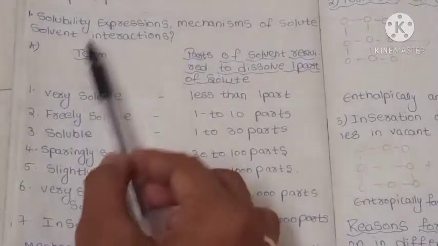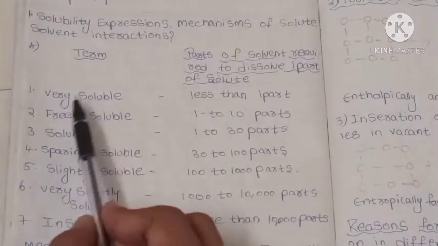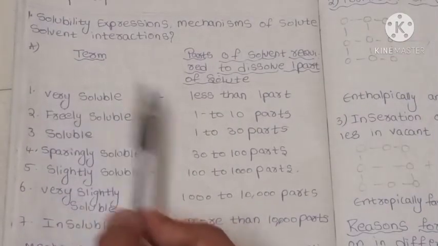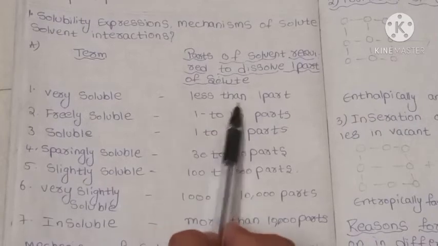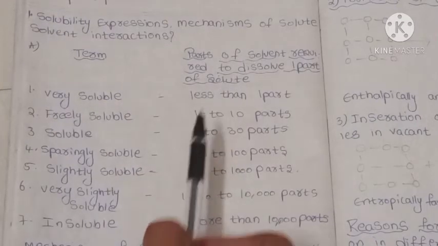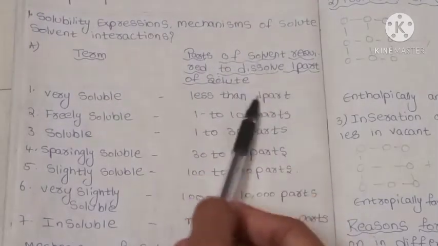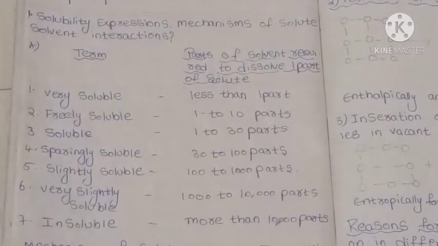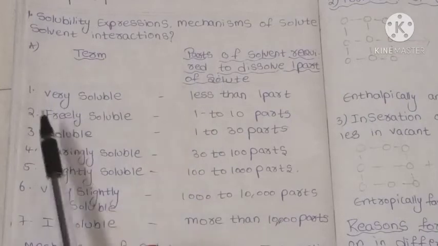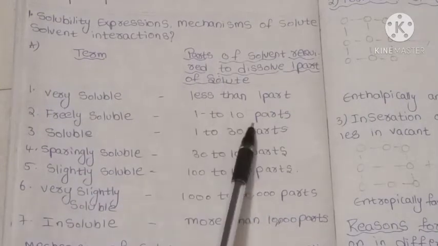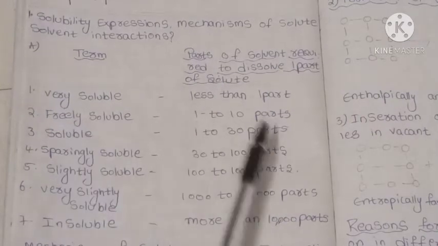Okay, now we will see the terms. If a substance is named very soluble, it means less than one part of solvent is required to dissolve one part of solute. Next, freely soluble means 1 to 10 parts, soluble 10 to 30 parts.